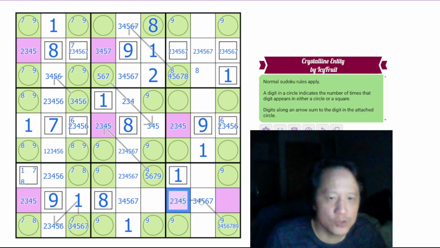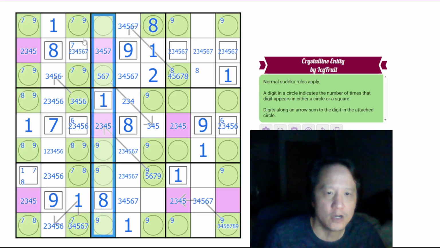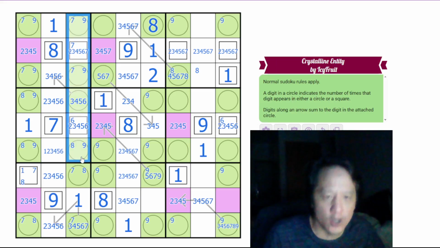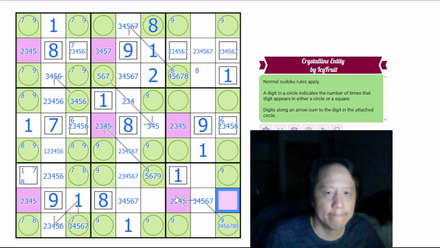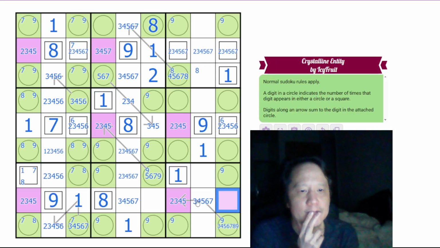So for 2, in column 3, we know a 2 has to be in a circle or a square. We still don't know where else.